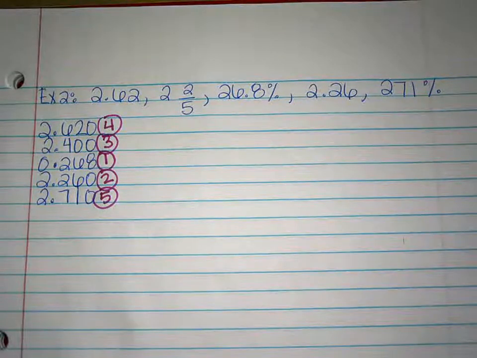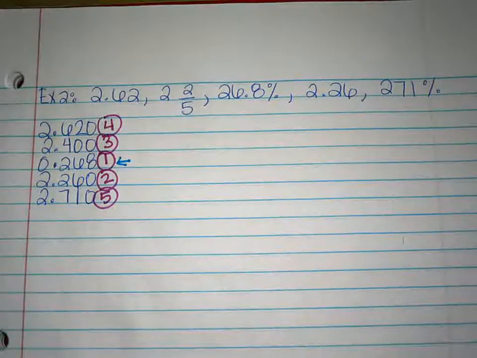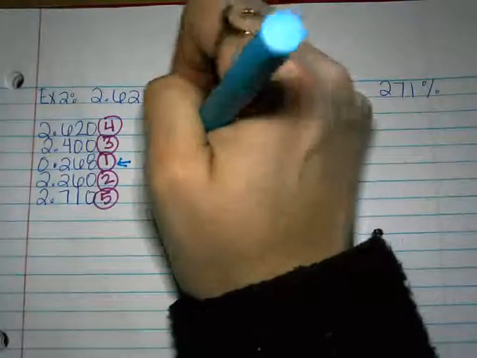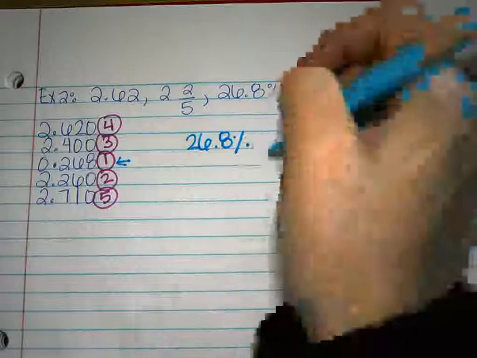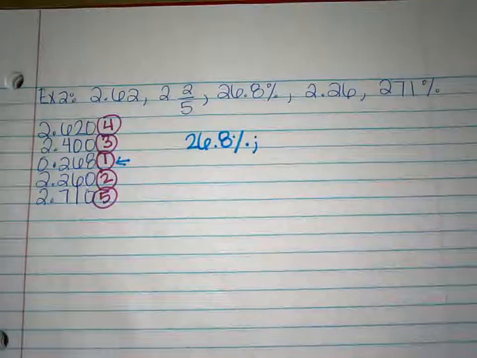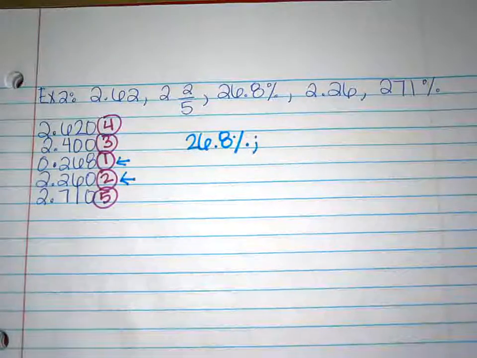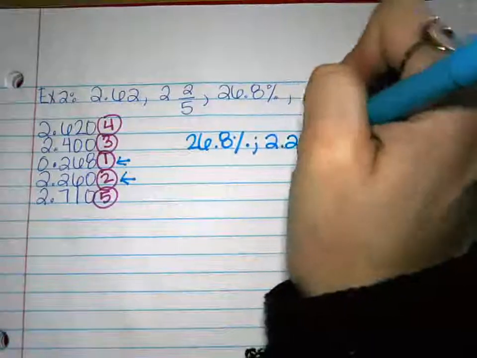Now you have to rewrite them in original form. So the 0.268, which number was that up above? 26.8%. Do you notice why I'm doing all of this in order? I never changed up my order because otherwise I'll get confused. 2.260, which one was that? 2.26. That one was exactly the same.